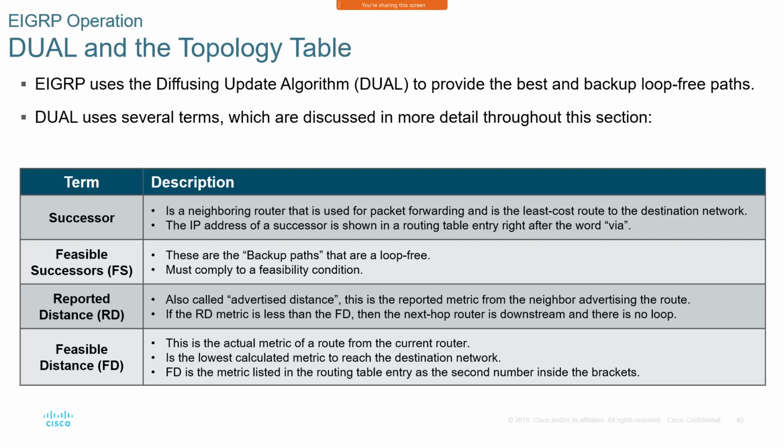The reported distance is the distance that a neighbor router tells the router that is calculating the best path, which is the neighbor's own distance to the destination network. We also have the feasible distance, which is the distance that the router calculating the best path has to that specific network.